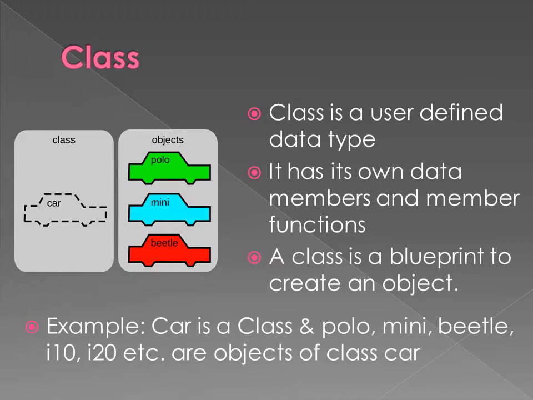Class has its own data members and member functions. This means that the class or user-defined data type the user creates will have its own data members, that is variables, and member functions to manipulate these data variables.